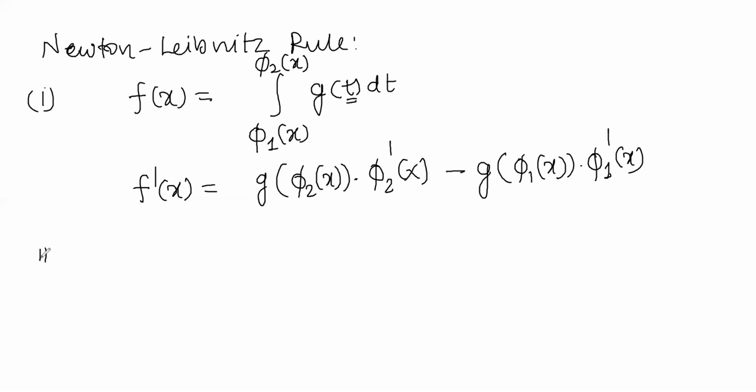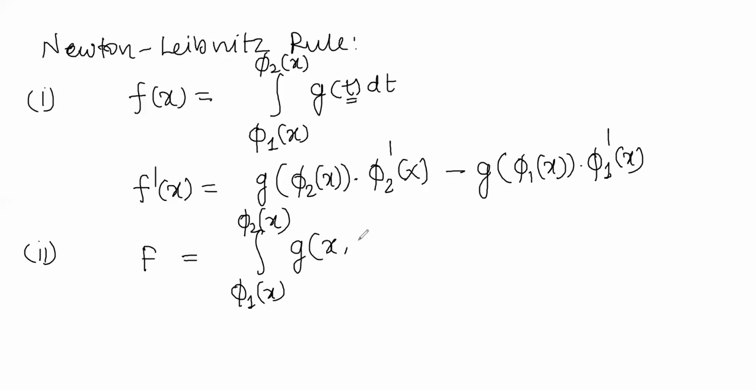And when I have a function of two variables, let us say I consider my function to be F of x, equal to the integral from phi 1 of x to phi 2 of x of g of x comma t dt. This is my capital F, and it is of two variables.